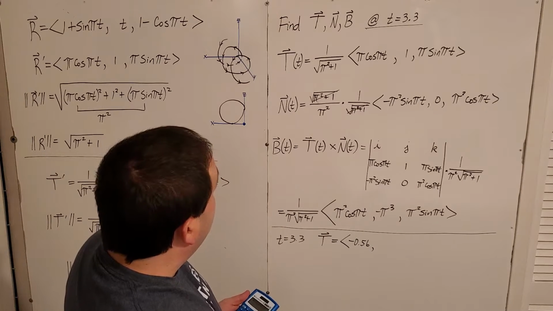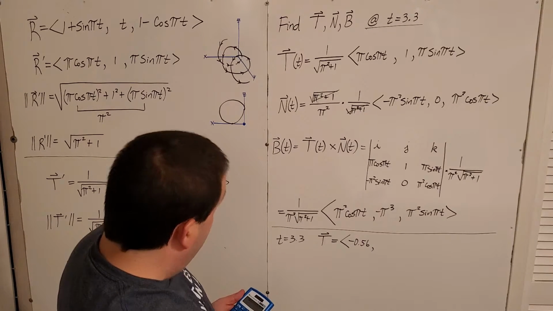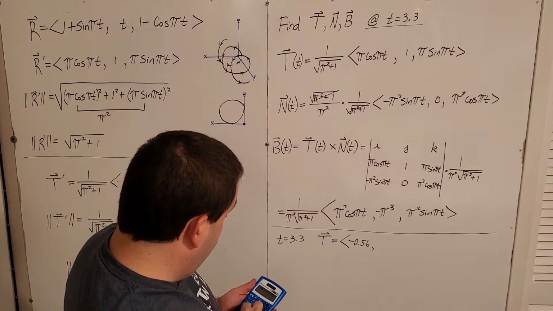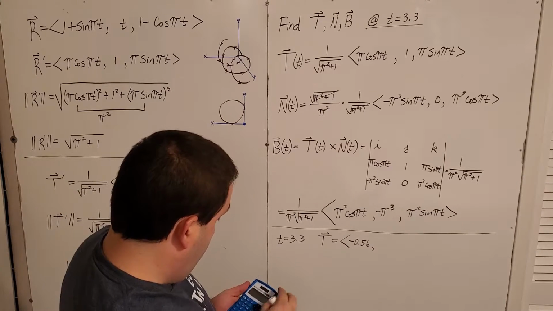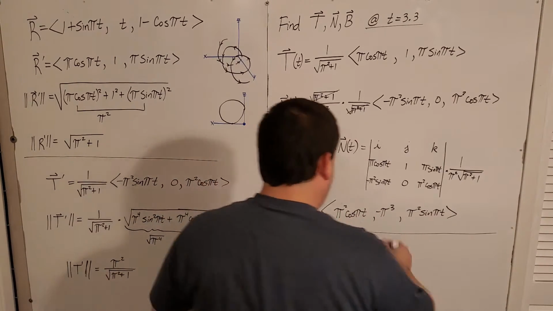Let's see, while I have this punched up, I'll do the z component, because all I have to do is change it to a sine. Negative 0.77.